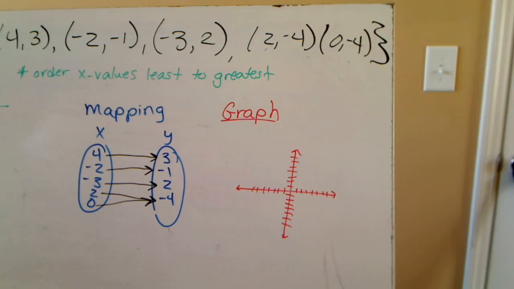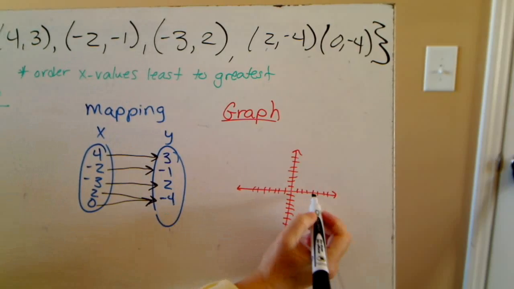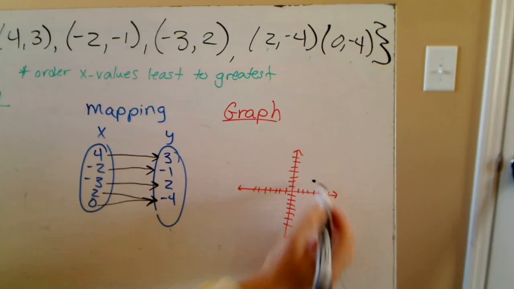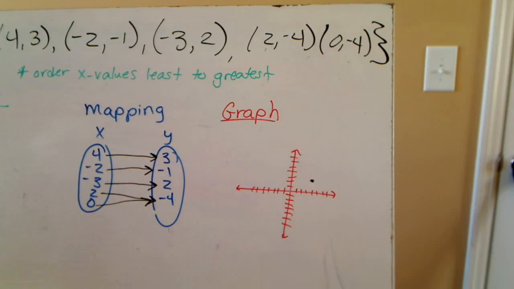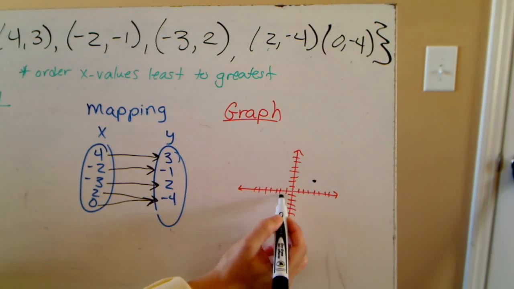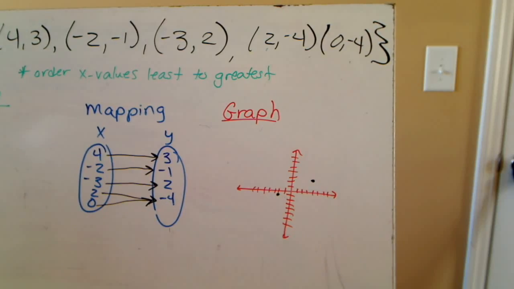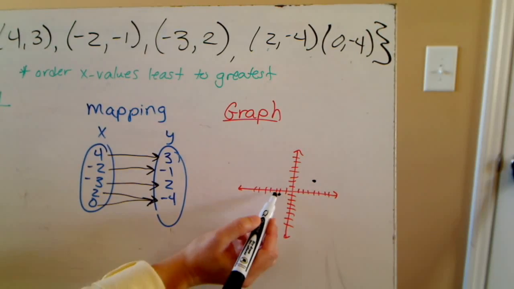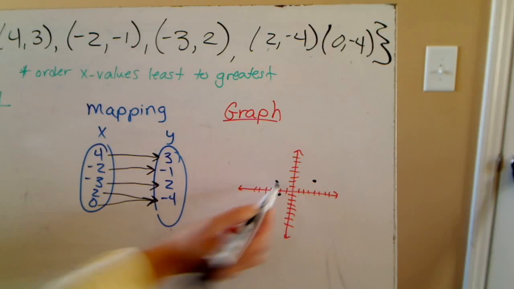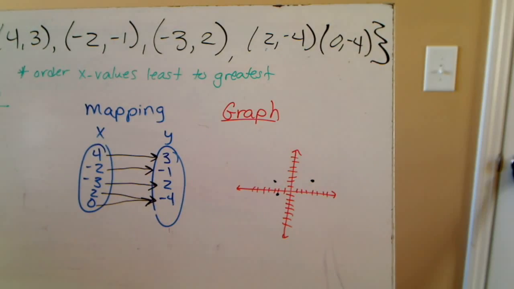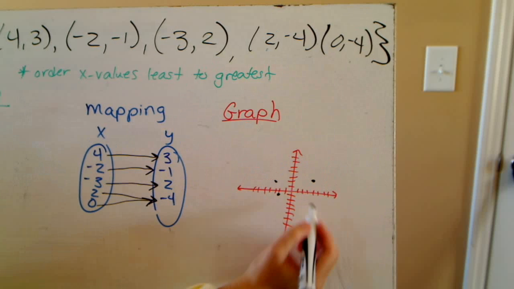Okay, the first ordered pair is 4, 3. So you go over to the right 4 and then up 3. They're all positive. Put a dot. -2, -1. To the left 2, down 1. -3, 2. To the left 3, up 2. And then 2, -4. So we're going to go to the right 2, and then down 4.